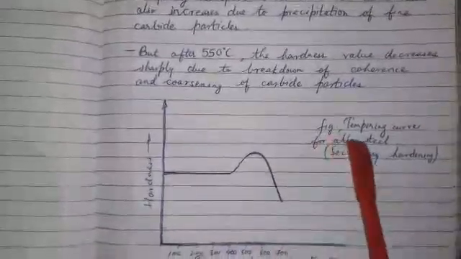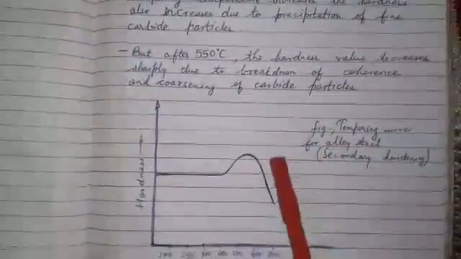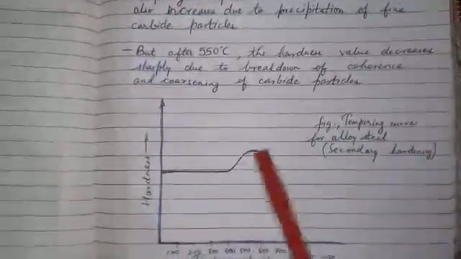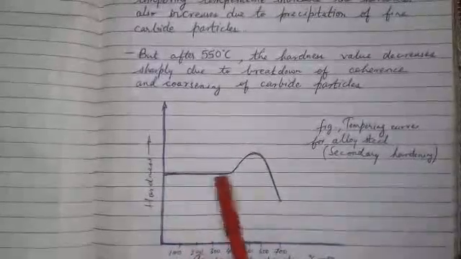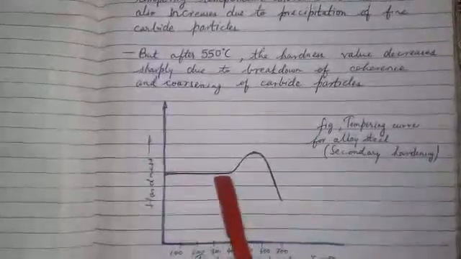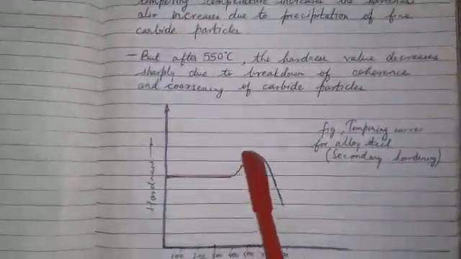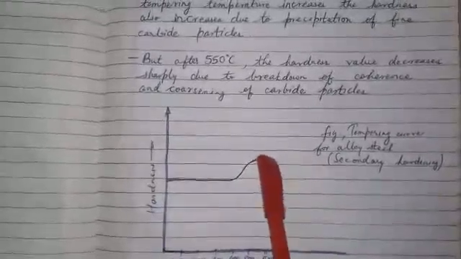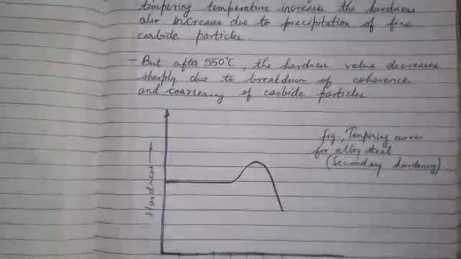So this is the figure of the tempering curve for alloy steel, that is secondary hardening. Up to 400 degrees Celsius the hardness is constant, then it rises up to 550, then the hardness starts decreasing.